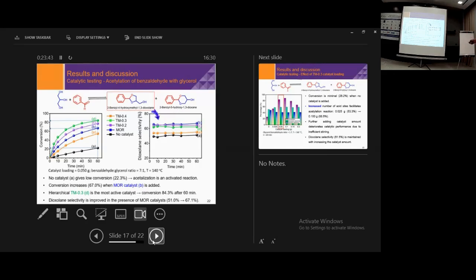If we introduce the pure parent mordenite zeolite, the conversion increases significantly to 67%. Then if we introduce TM 0.2 and 0.3, we can see a further increment in the reaction conversion. So that means the introduction of hierarchical mesoporosity is beneficial for the catalytic reaction.